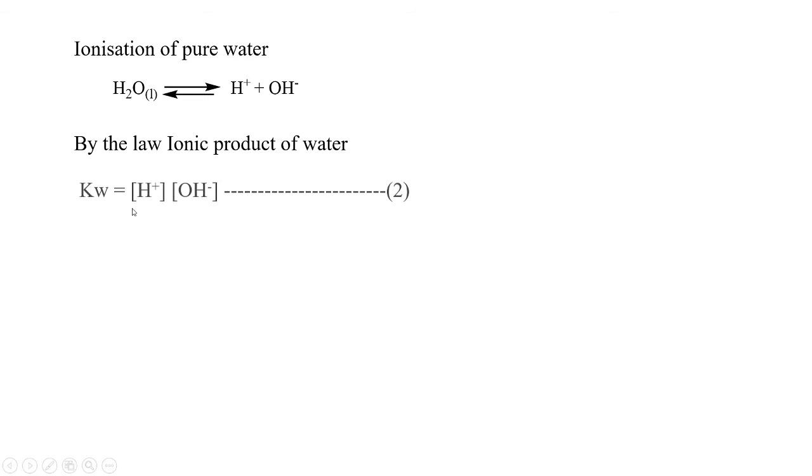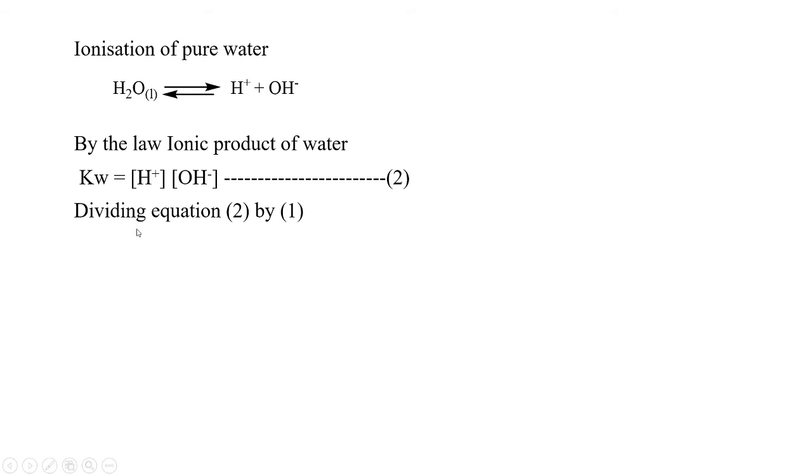Now the ionization of pure water. So H2O will dissociate to form H+ and OH-, and by using the law, the ionic product of water we can write as Kw is equal to H+ into OH-. So this is equation number 2.